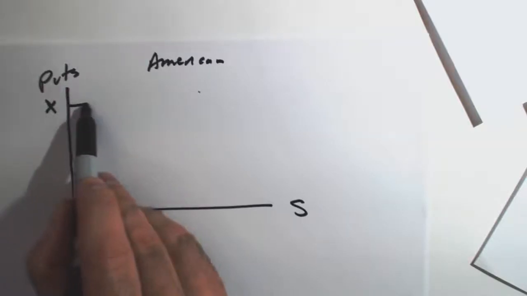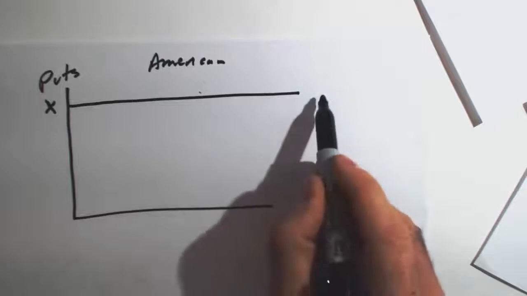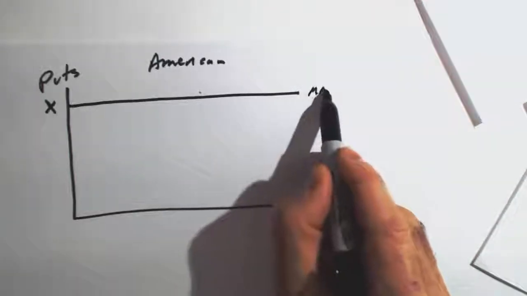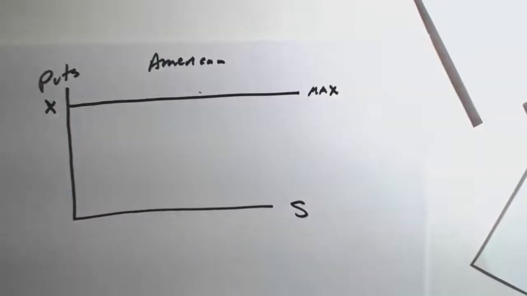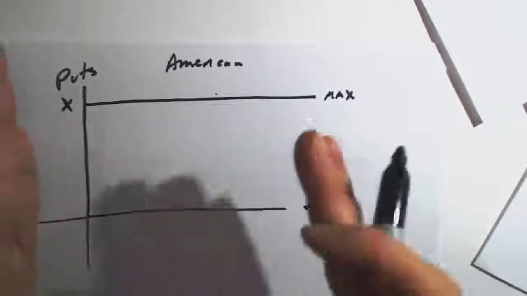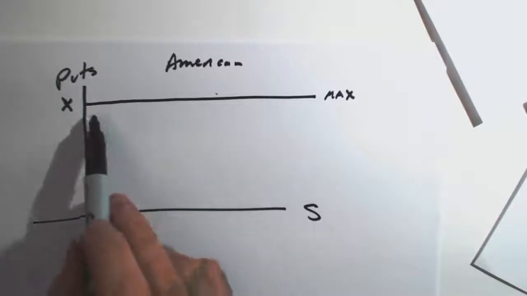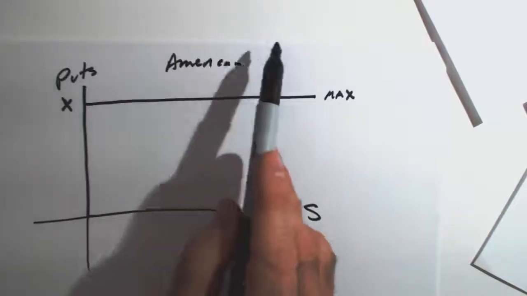I told you it was a constant for an American, because all you can get is X. So this is the upper bound. It's the most you can get of that option. Already, by the way, I've basically gotten rid of these quadrants, and we're only in the positive quadrant here, quadrant 1. And I've already chopped off everything above here.